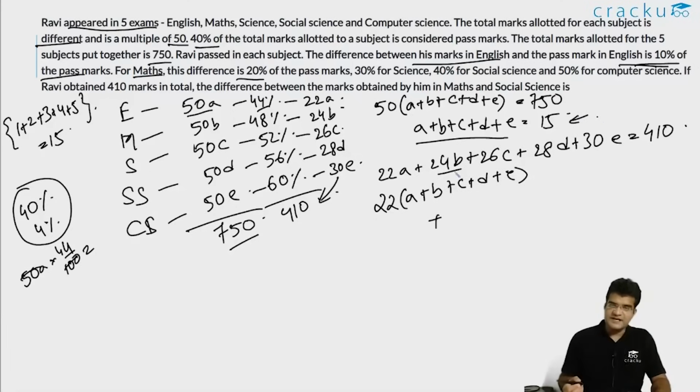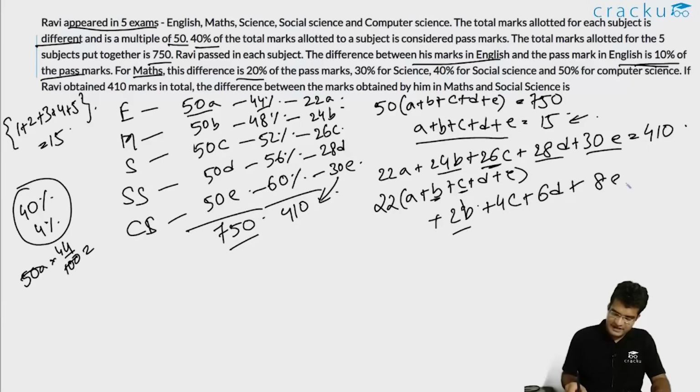And we'll basically express 24B as 22B plus 2B. So 22B will go into the brackets and 2B will be left. Similarly 26C can be expressed as 22C plus 4C. 22C will go into the bracket and 4C will be left. Similarly for 28D it will be 6D, and for 30E it will be 8E. This is equal to 410.